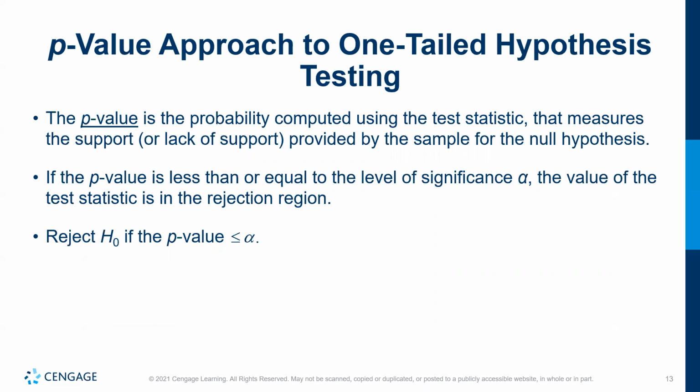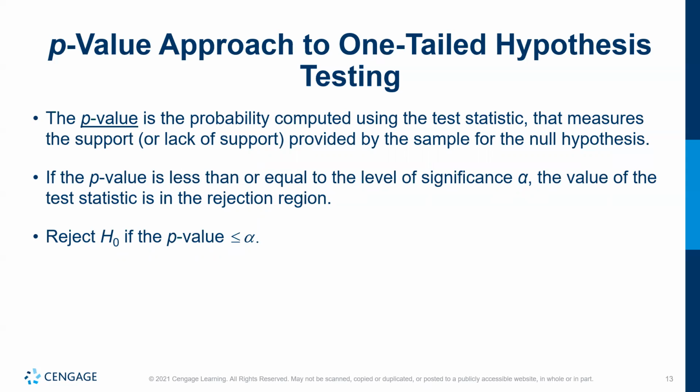Here's the other thing that kind of stinks about this chapter: there's two approaches to each one of these types of tests. So like I said, we're going to have population mean when sigma is known, and then population mean, sigma unknown, and then a population proportion.